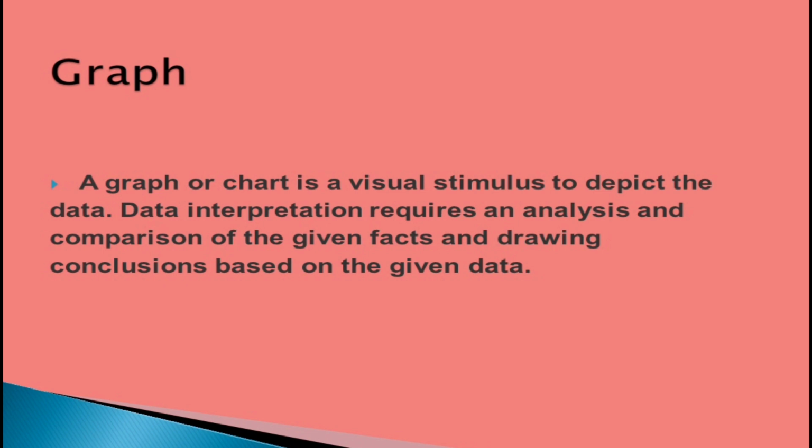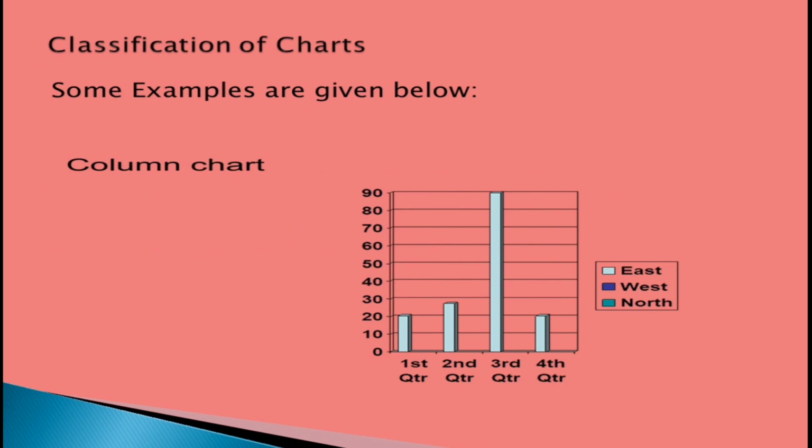Now my dear students, I will talk about the classification of graph and chart in English language. In English language, you will find different types of graph or chart. Now I will show you only the 4 graph and chart. As you can see on the screen, column chart, and you will find this type of question in your examination.